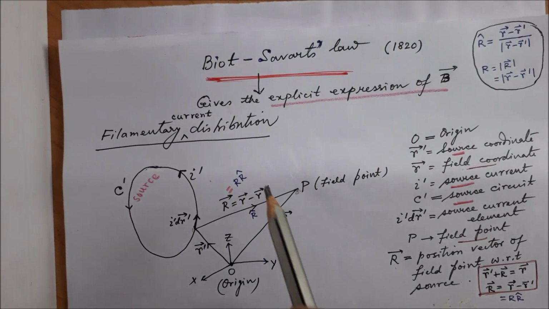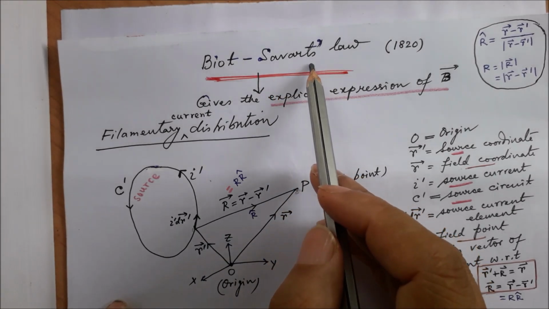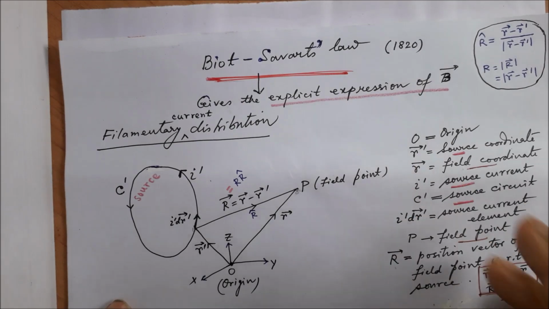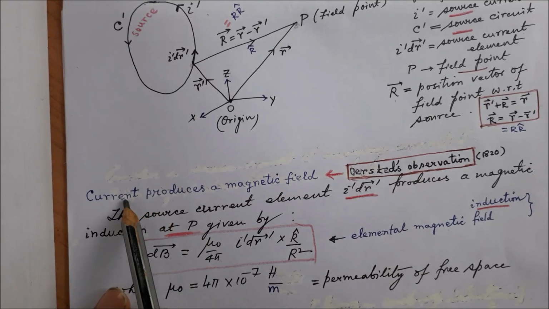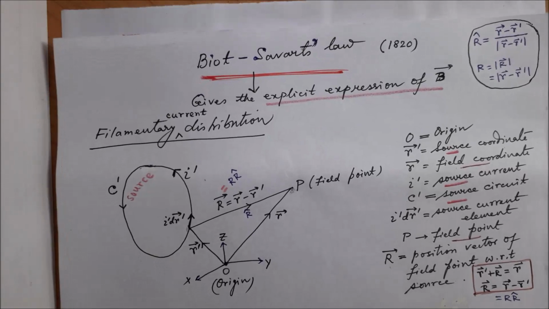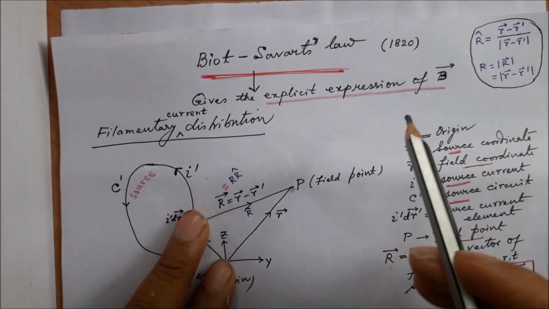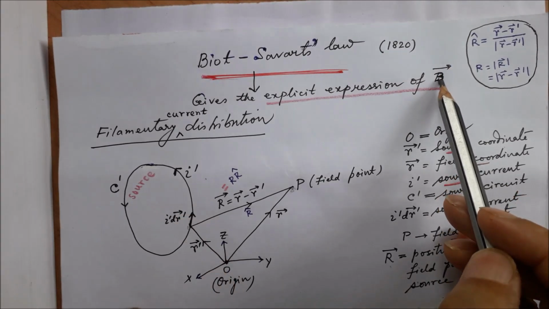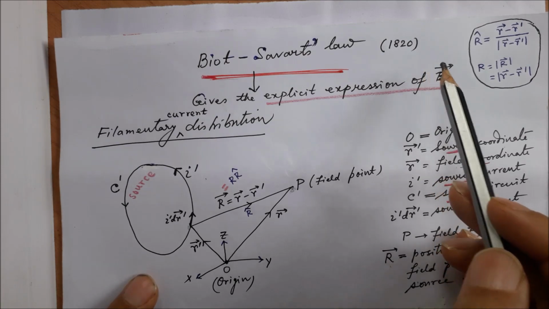We now move on to our main topic, namely Biot-Savart's law, a law that was enunciated in the year 1820, in the same year in which Ørsted observed that current produces a magnetic field. We should be careful about one thing. The magnetic induction vector B is defined from the Lorentz force equation as mentioned in lecture 1a.